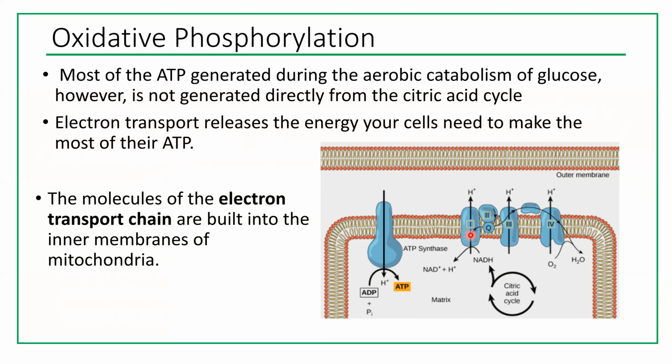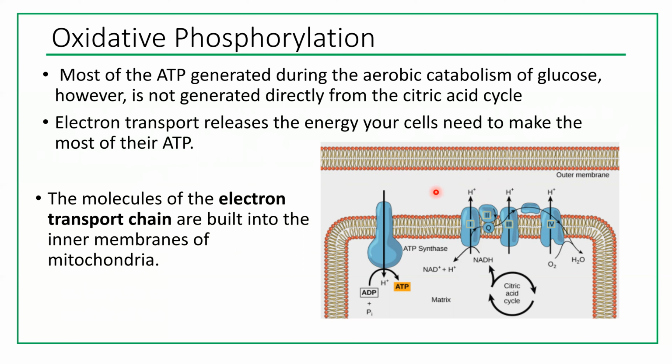Every time an electron is donated and accepted, moving from one protein to another protein, some energy is released and this pumps hydrogen into the intermembrane space. So electrons are jumping from protein to protein and hydrogens are pumped through these proteins into the intermembrane space.